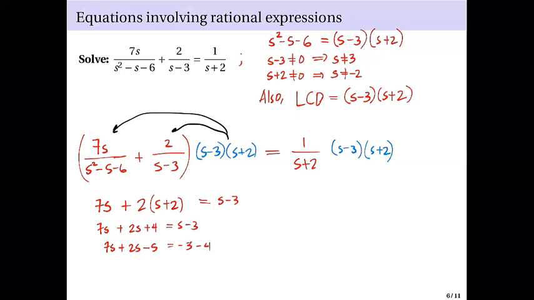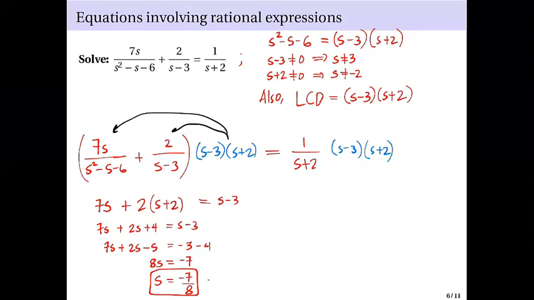So what do we get? 7, 9, 8. So 8s is equal to negative 7, or s is equal to negative 7 over 8. And notice the conditions are s cannot be 3, s cannot be negative 2, so this will be the solution.